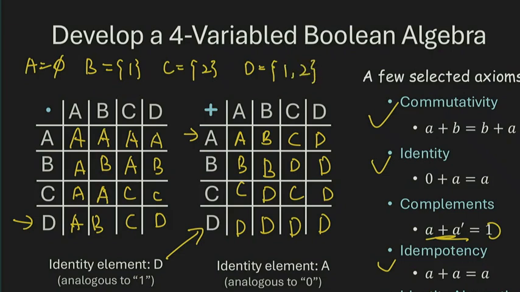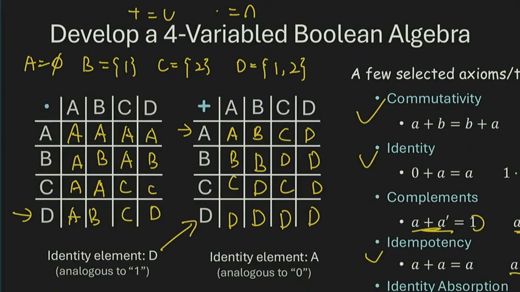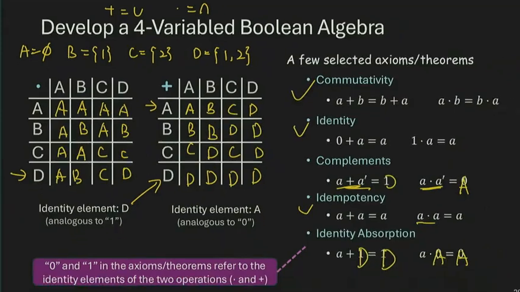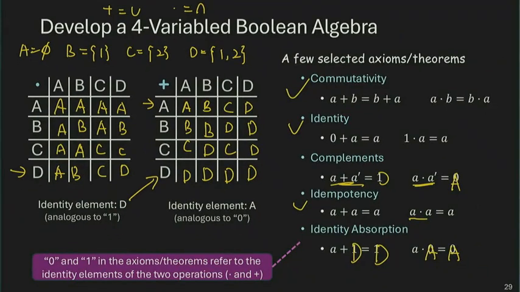Right? The power set of the set {1, 2}. And then OR is the same as union, and AND is the same as intersection. That will probably give you a more intuitive way of appreciating the four-valued Boolean algebra. Right? So OR is a way for you to grow, and AND is a way for you to go down. Right? That's in essence what we're doing over here.